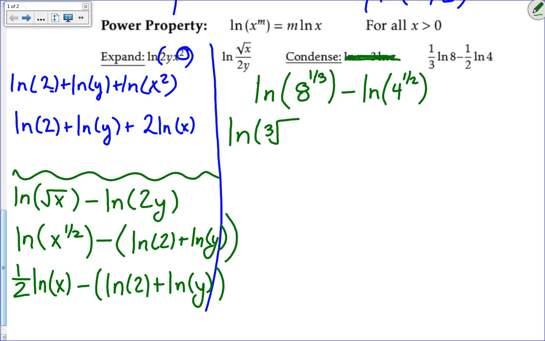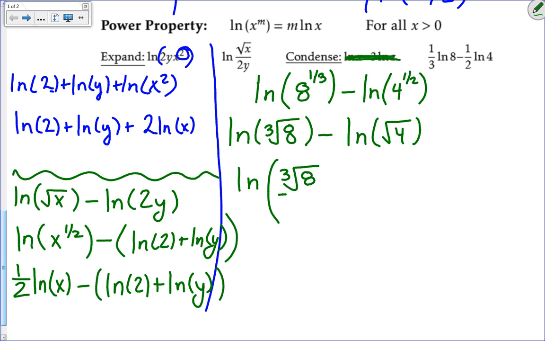So we can rewrite those with roots. So now with that subtraction there, what can we do with it? We can divide, right? So we're going to have the ln of the cube root of 8 divided by the square root of 4.